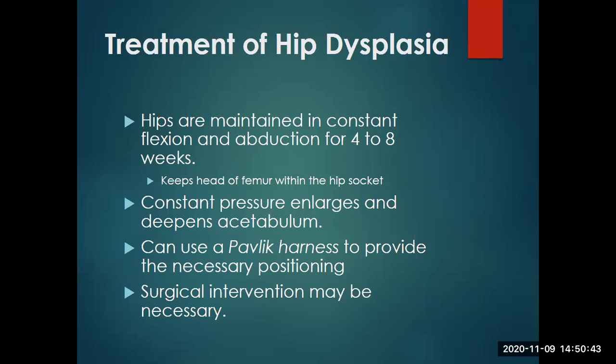so the Pavlik harness, they give a wonderful picture of the baby here, figure 14.10. The Pavlik harness is used with infants age 1 to 6 months, and this is to maintain the hips in the position of flexion and abduction to really get them positioned back into the hip.